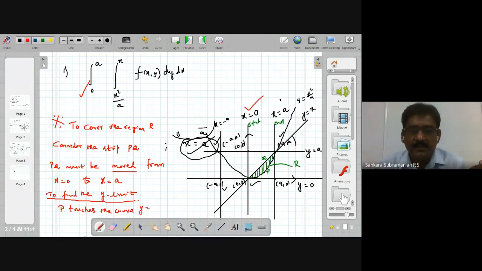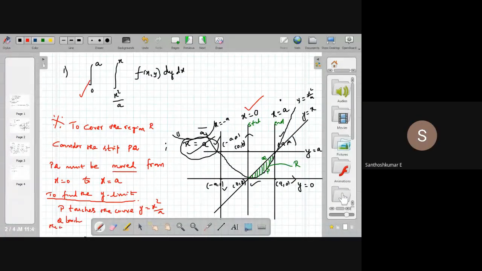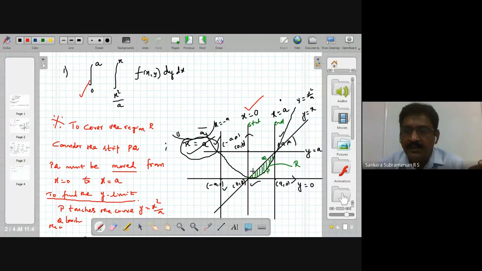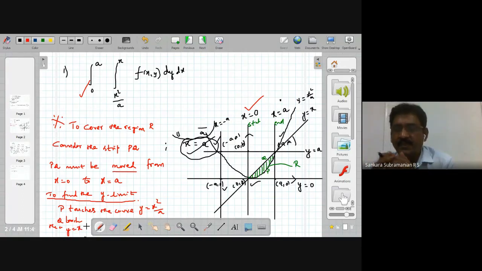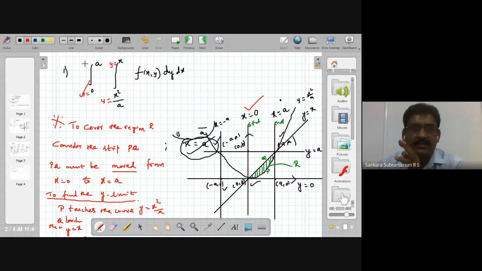The other y limit: Q touches the curve, throughout this region from start to end, Q touches the curve y equal to x. This is its interpretation. So this is y equal to x square, y equal to x, x is equal to 0, x is equal to a. This is how we got it.